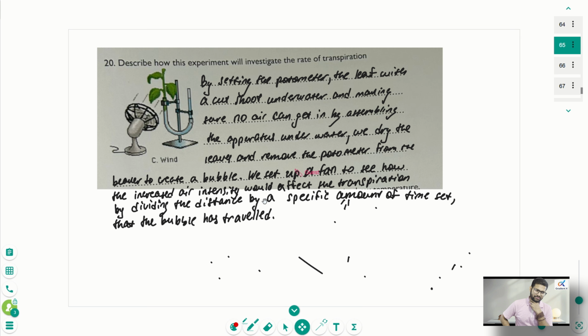We set up a fan to see how the increased air intensity would affect the transpiration, by dividing the distance by a specific amount of time that the bubble has traveled.